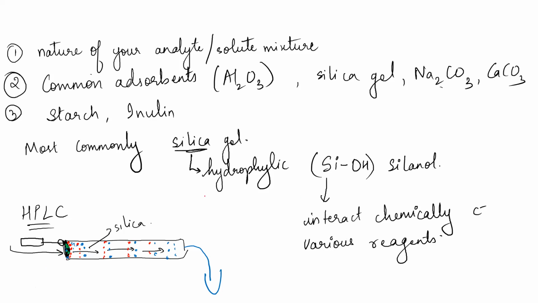Here also it happens the same. The silica which is packed in the column will have silanol groups. It will interact chemically with various reagents. It will also form a bond, and it will convert the hydrophilic silica into hydrophobic, because it will now interact with the various functional groups on the reagents.